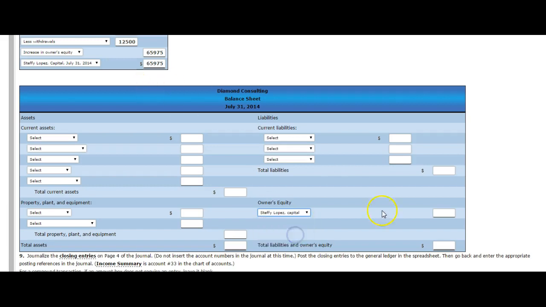So that gets down to there, 65,975. Now, we can do our assets off of the trial balance you did. So you have 32,450. What's our next one? Accounts receivable of 16,450.